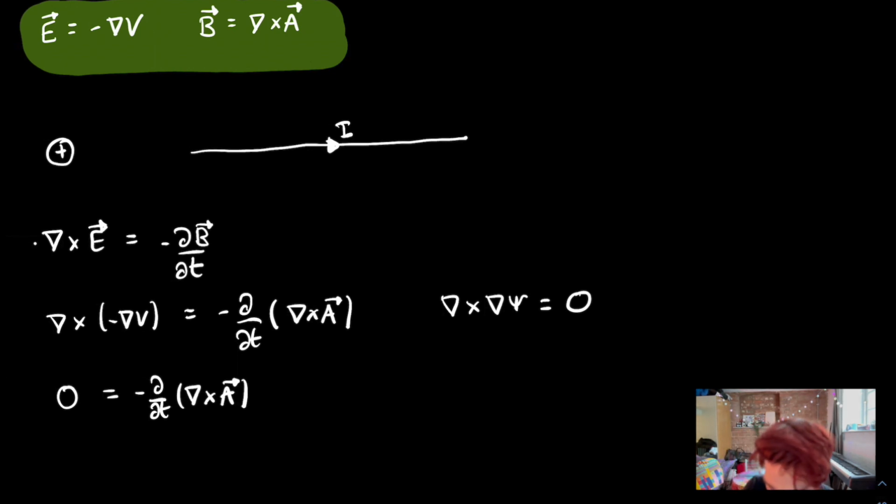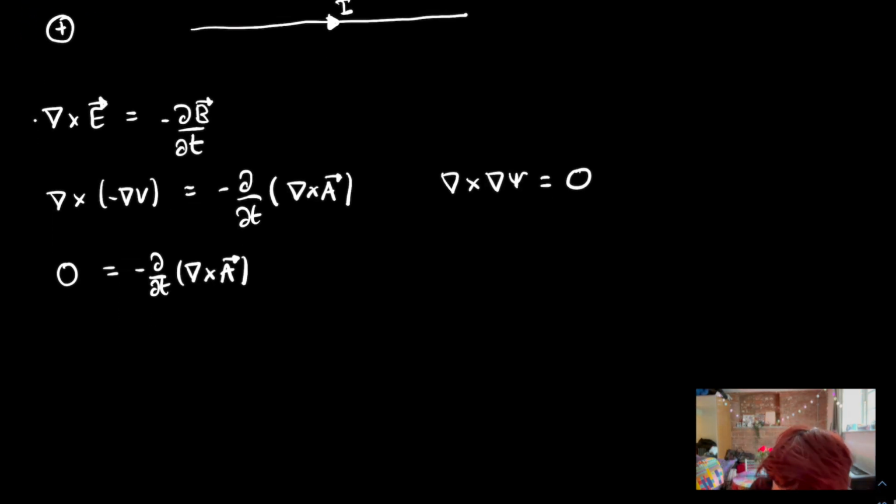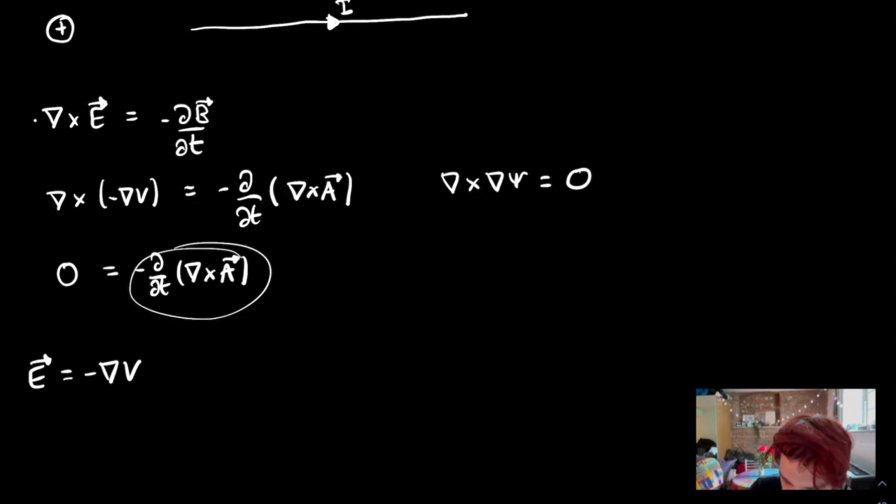And so what we actually need to do, for this E equals minus the gradient of V, is add on an extra term which will match whatever's on the right-hand side right here.